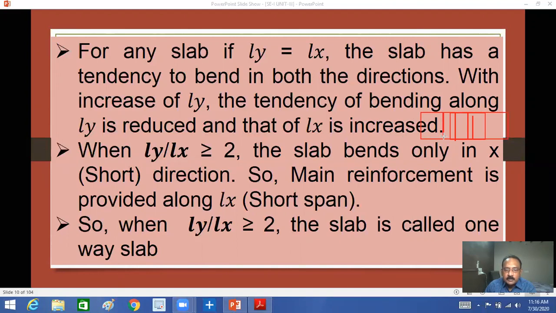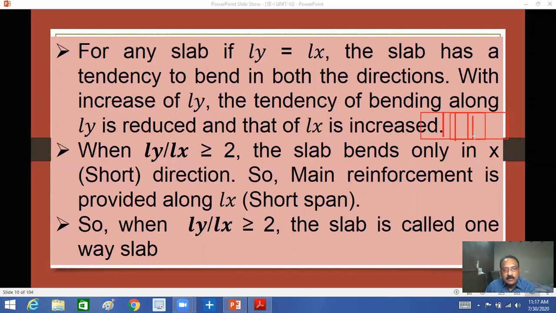Remember always, it is distributing to the long support beams, the opposite beams, but we are calculating along the shorter direction. Don't take Ly for calculation of bending moment.